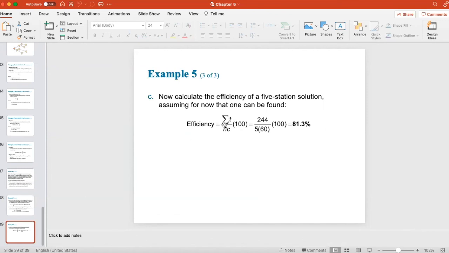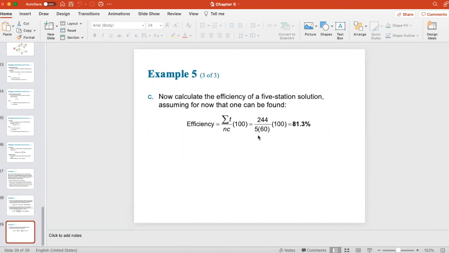Now, suppose we already find a 5-station solution, which indicates that the number of workstations we will use within this whole process is 5. We also know that the maximum amount of time that every workstation can use is 60 seconds.